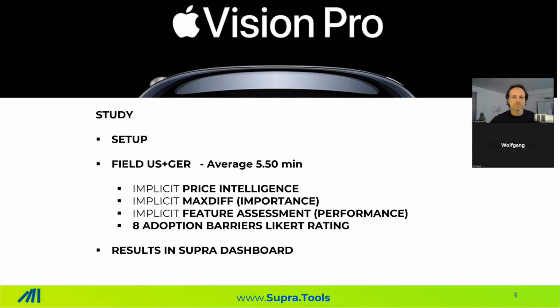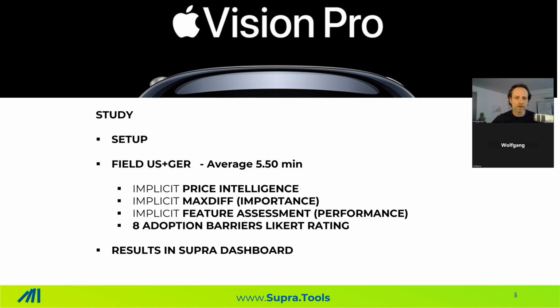For this very intention, the price optimizer and the product optimizer on Supra.Tools is built, and it comes with unique technology that enables very quick setup, but amazing, interesting results, as I will show you in a minute. So basically, 3 steps, right?